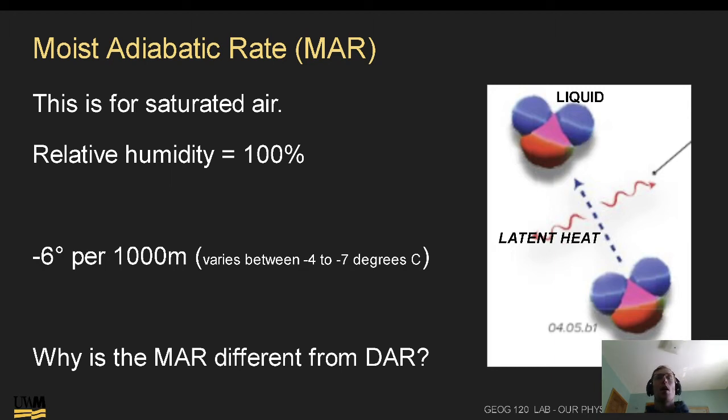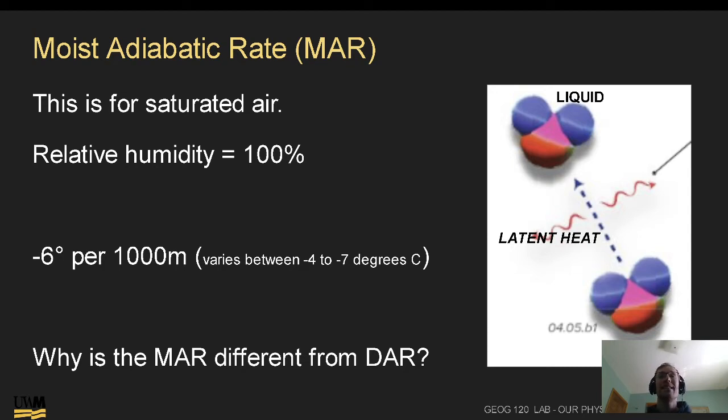But because, remember, when you cool things the holding capacity for water vapor decreases, that water gets pushed out of the parcel and it has to condense, forming clouds, precipitation, etc. But you may be asking, why is the rate of cooling 6, a slower rate of cooling than 10?